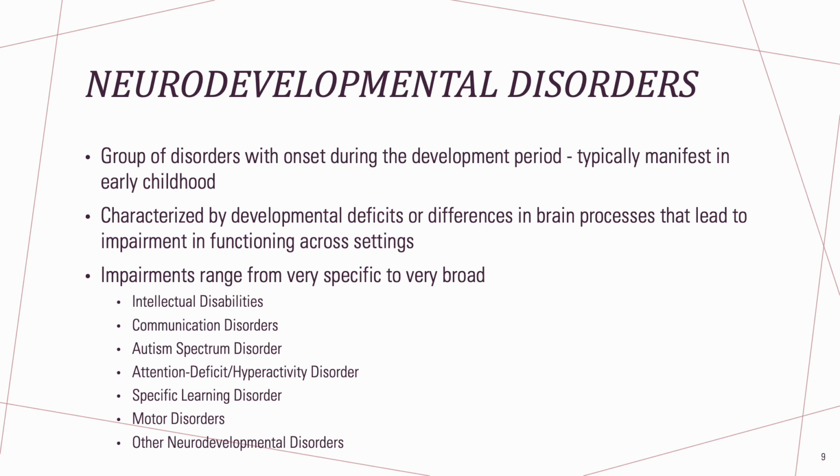These disorders are characterized by developmental deficits or differences in brain processes that lead to impairment in functioning across settings. And these impairments can range from very specific to very broad. So again, what falls under neurodevelopmental disorders includes intellectual disabilities, communication disorders, autism, ADHD, specific learning disorder, motor disorders, and other neurodevelopmental disorders.